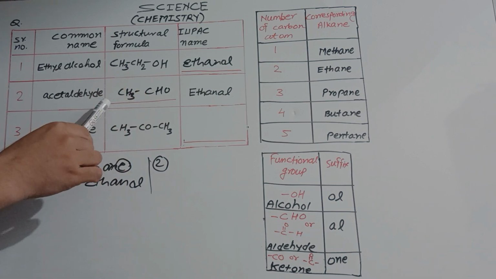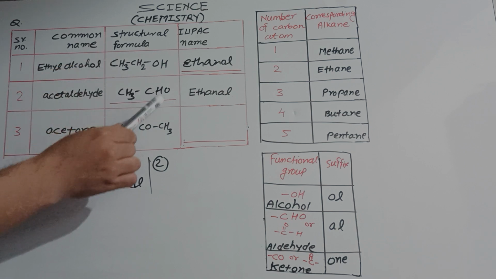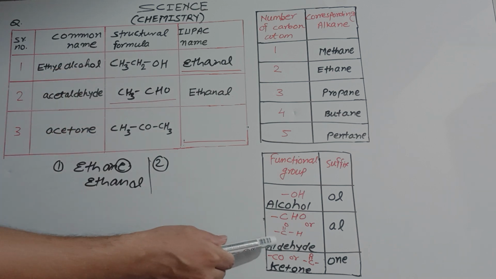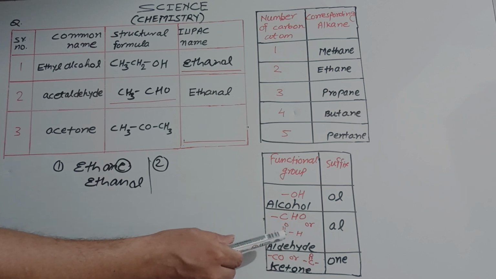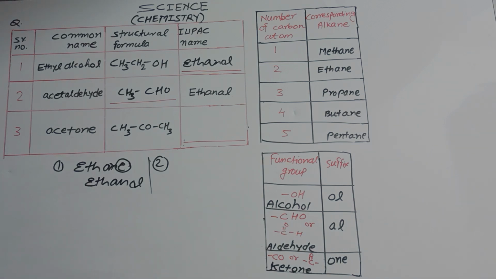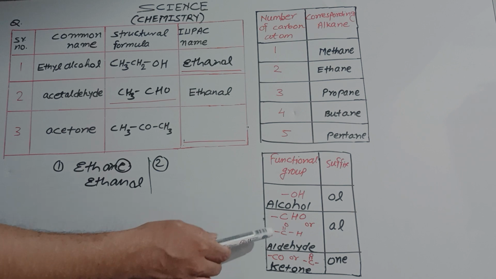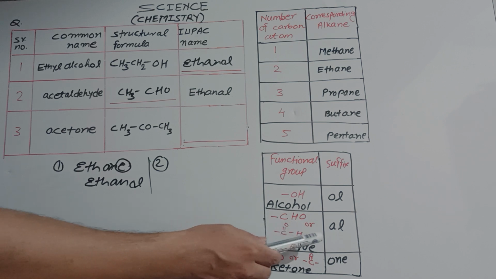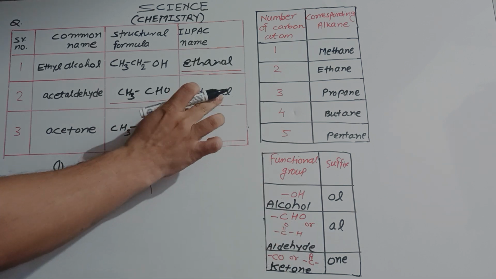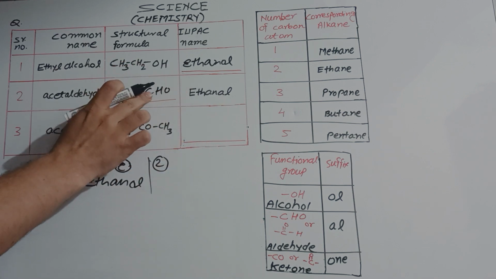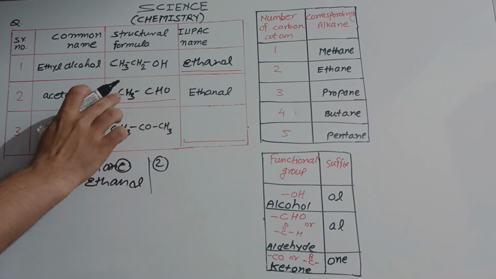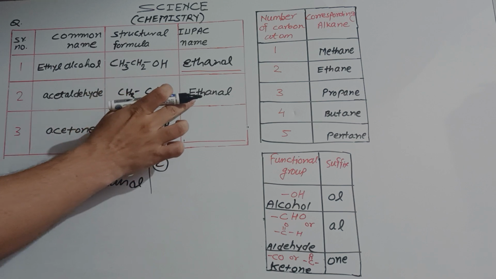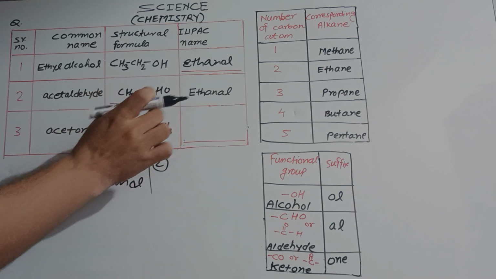So here the structural formula will become CH3 then CHO. If you write it as C double bond O H, that is also correct. So for the functional group aldehyde we will write the suffix AL.